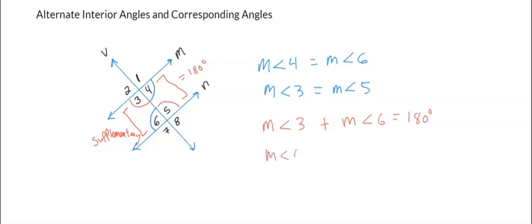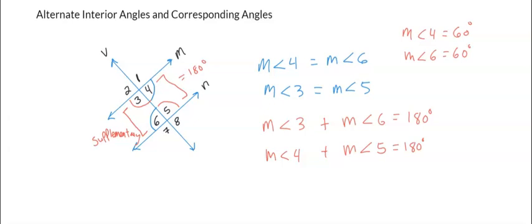The measure of angle 4 plus the measure of angle 5 equals 180 degrees. So for example, if the measure of angle 4 is equal to 60, then we know that the measure of angle 6 has to be also 60 degrees. Okay?